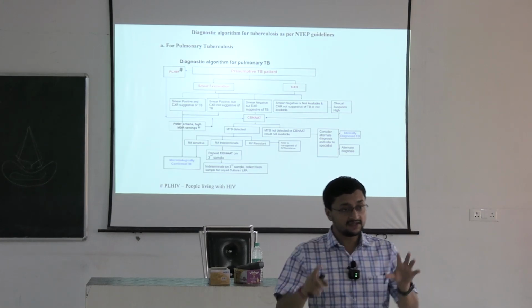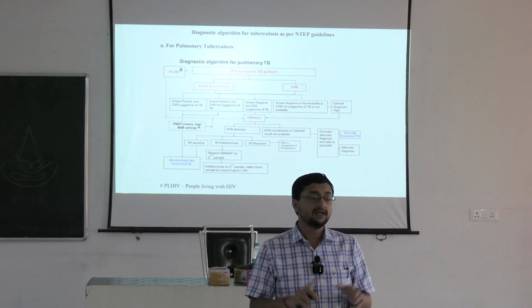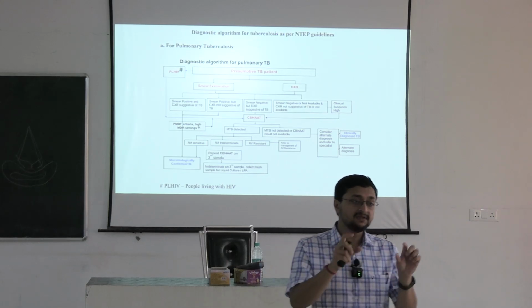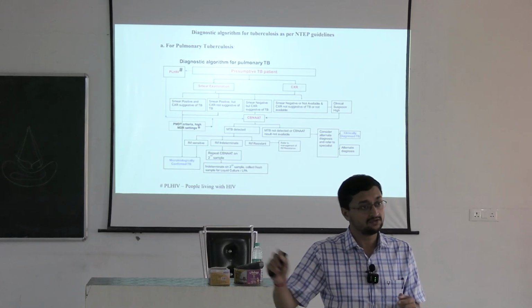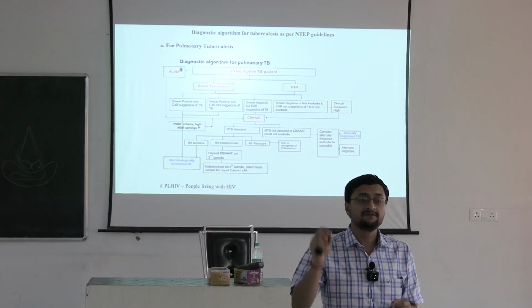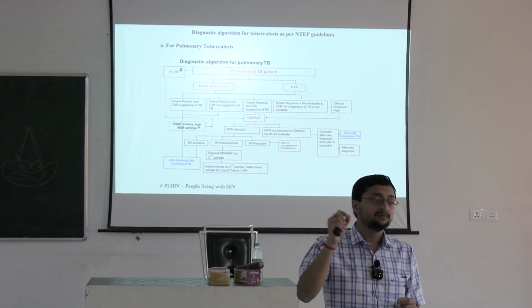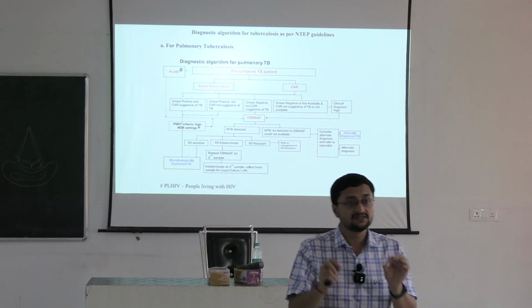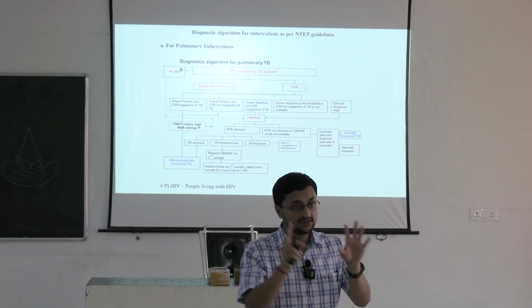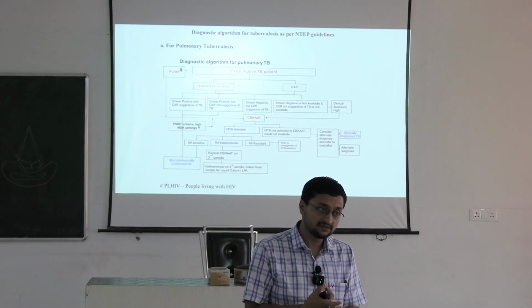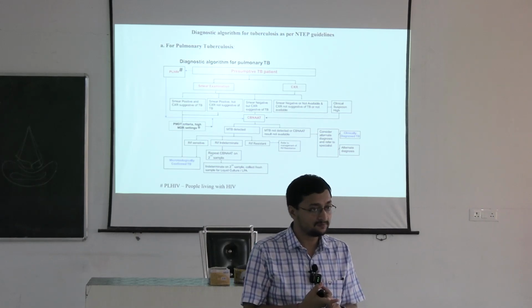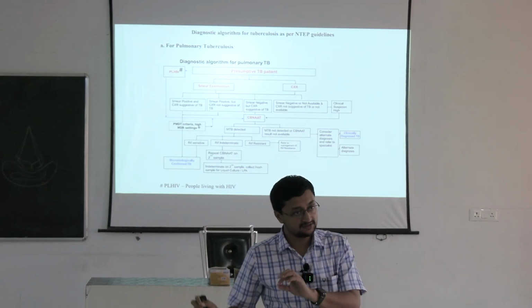The CBNAAT result can be divided into 2 parts. First, whether MTB complex is detected or not, and second, whether rifampicin resistance is detected or not. In all cases of microbiologically confirmed TB, MTBC should be detected.